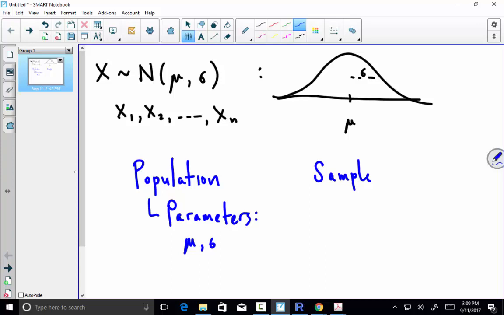I might go sample 1,000 such people. For that data set, I can compute estimates of the parameters of interest.